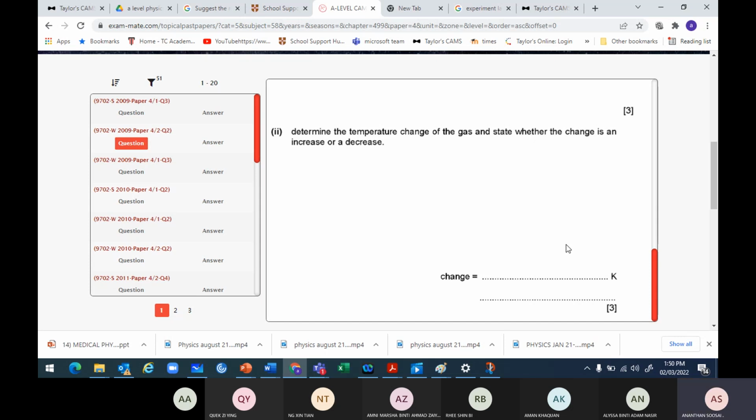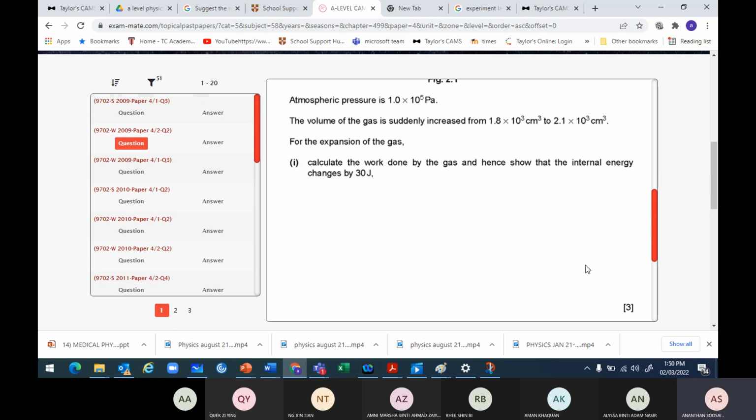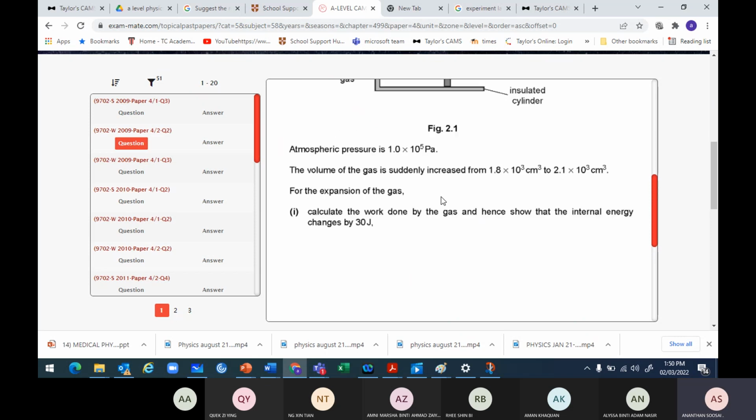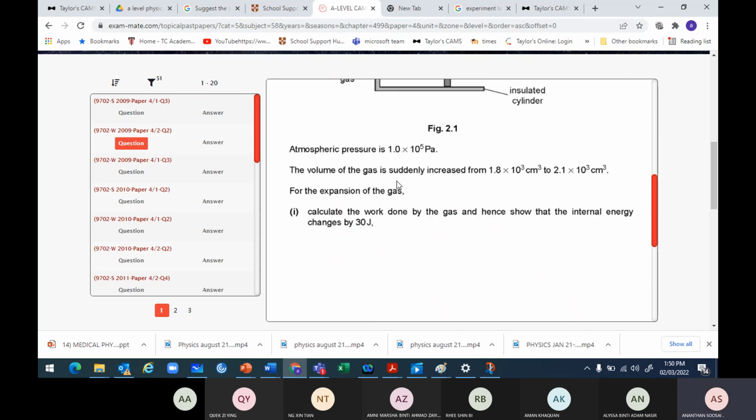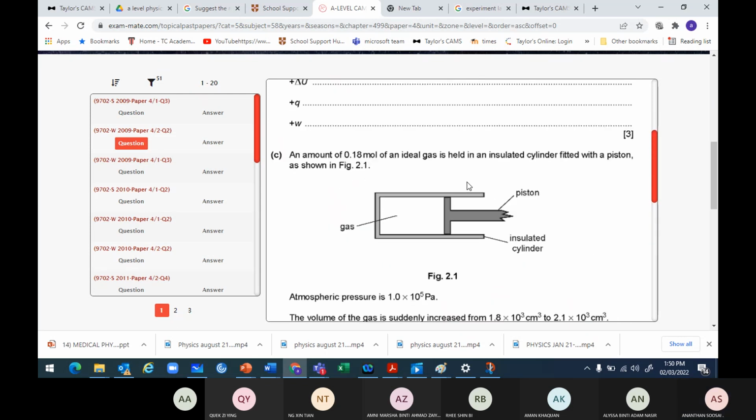How can you find the change in temperature? You know work. You know PV, P times change in V. Pressure is the same, right? So it's 0.18 mole of gas in RT.